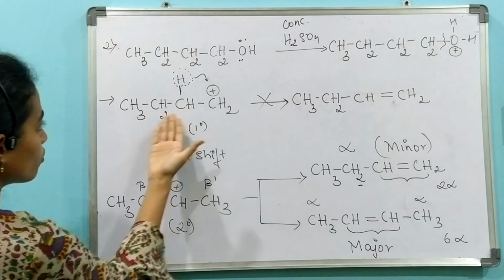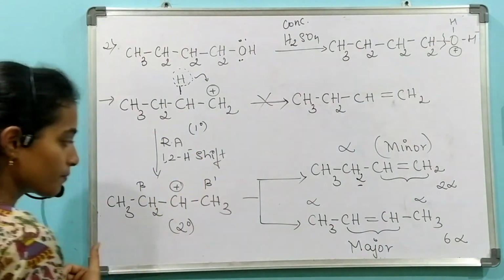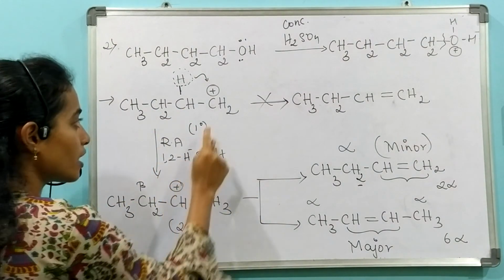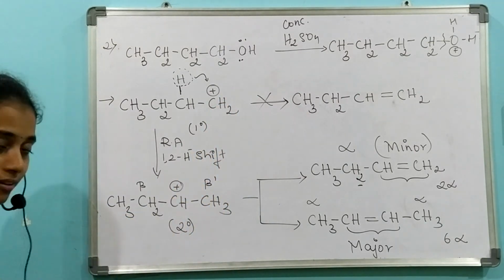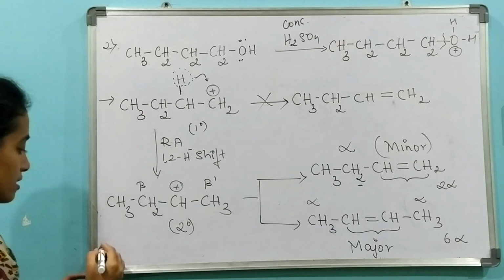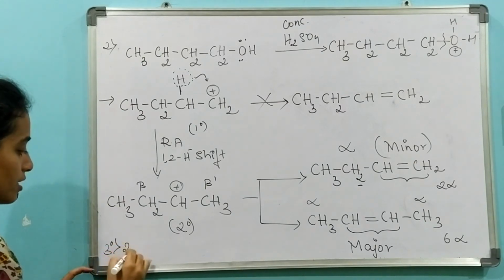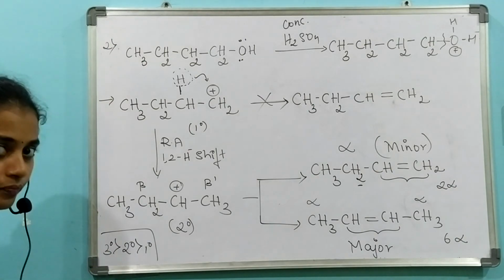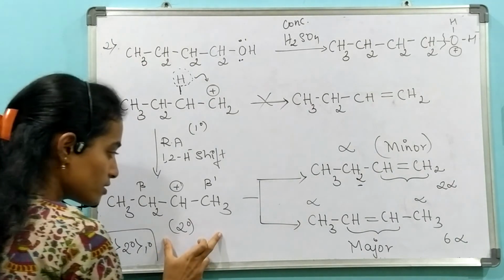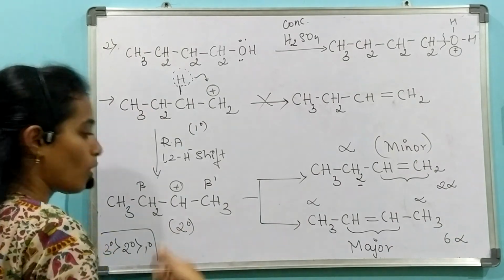Here I had only one option, hydride shift. By doing the hydride shift, I converted the primary carbocation into a secondary carbocation. And you people know carbocation stability: tertiary is more stable than secondary, which is more stable than primary. Correct?